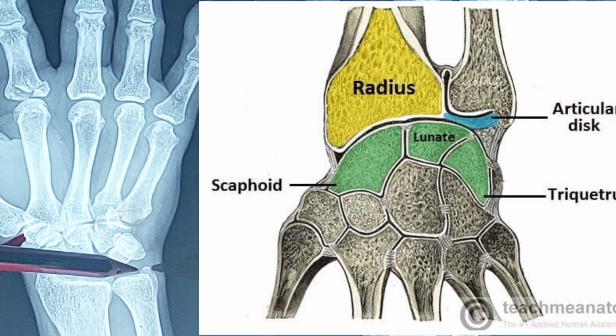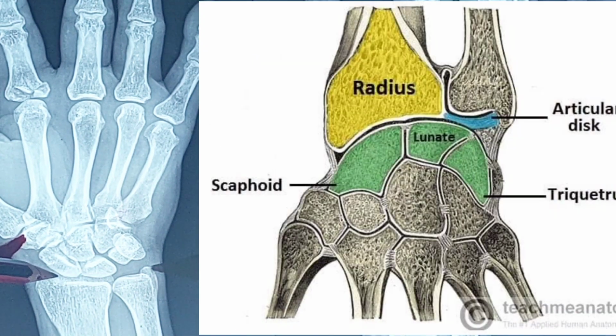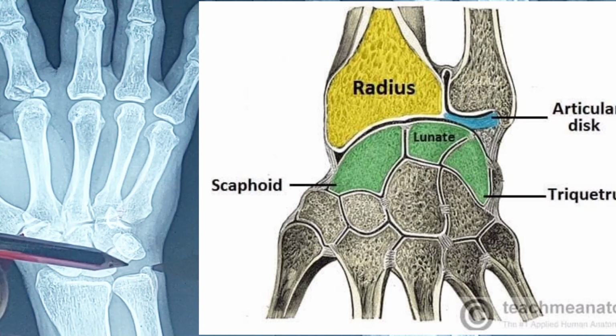So this triangular articular disc and the lower end of the radius form the proximal contribution of the wrist joint. The ulna, this head of the ulna, does not participate to form the wrist joint.